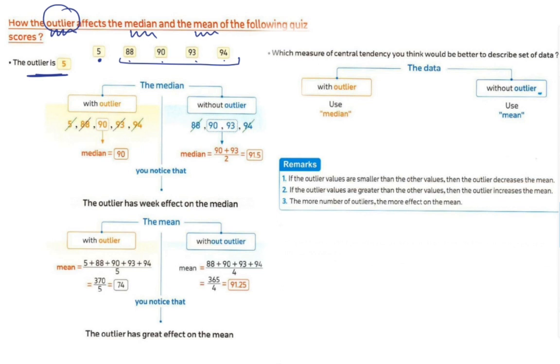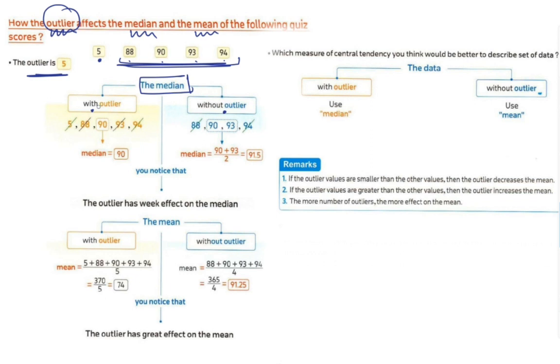Now I will find the median in two cases. The first case with the outlier and the second case without the outlier. What's the meaning of without outlier? That means I will delete this 5 and find the median just for these values.